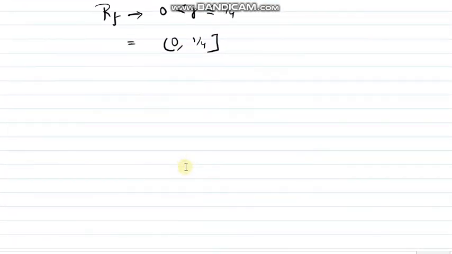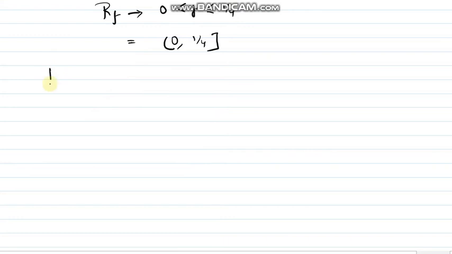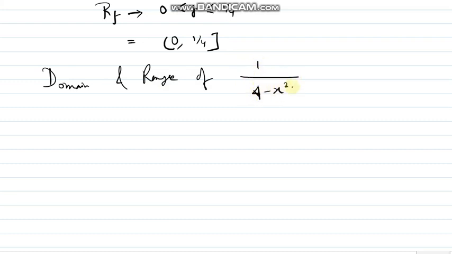Is it fine? Next one, find the domain and range of 1 divided by 4 minus x square. Again I will write 4 minus x square is not equal to 0. So x square is not equal to 4, x is not equal to plus minus 2.